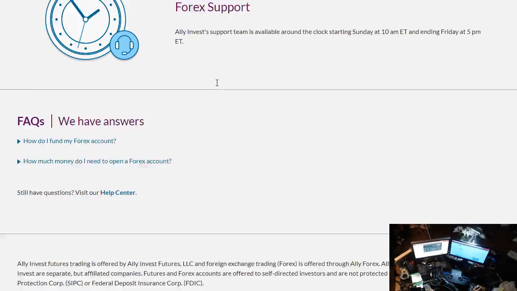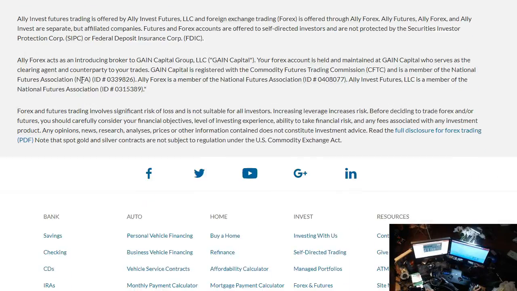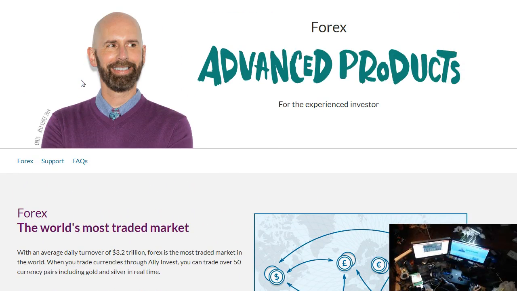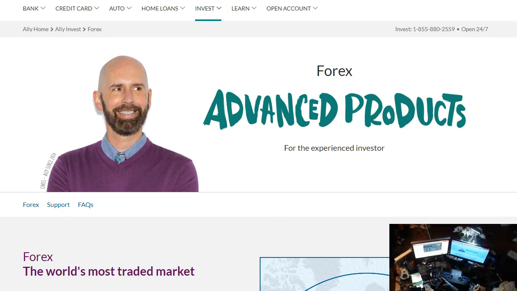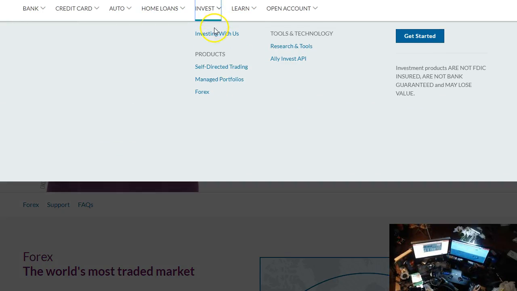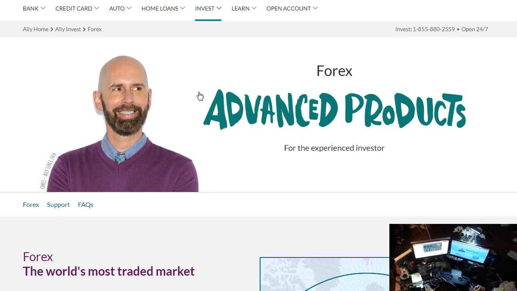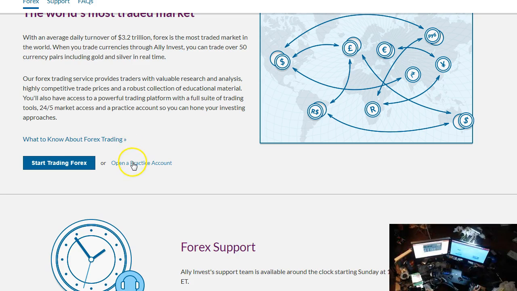Forex support, we have answers, right? So where is my Forex account? If you look at the menu, it's open an account, bank, credit card, auto, home loans, invest. Invest gives you these drop downs, none of which, well, there's Forex. Okay, let's click on that, see where that takes us. Takes us back to this commercial. Let's open up a practice account.